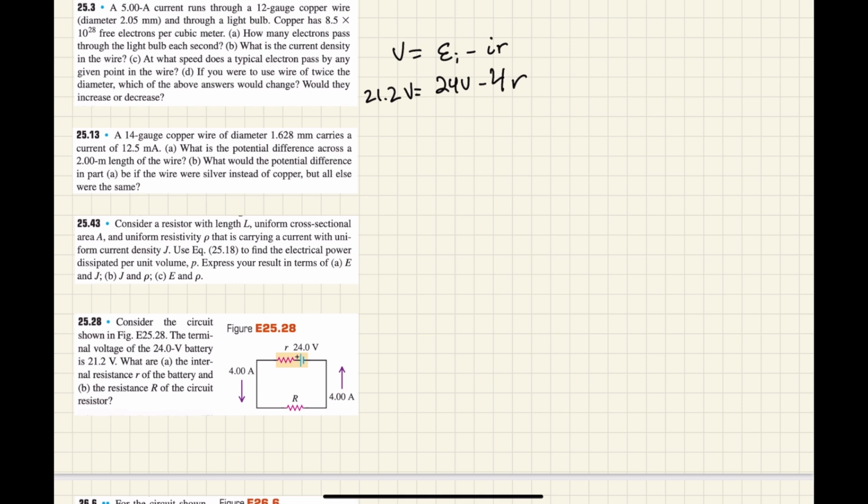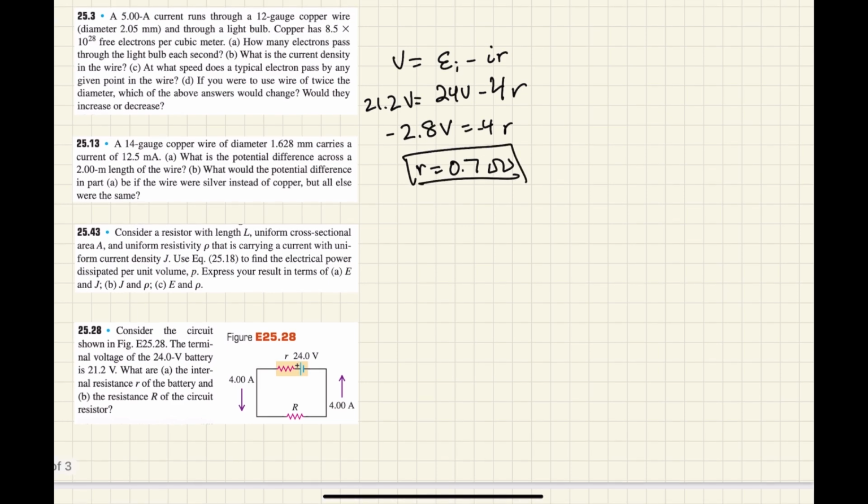And so subtracting 24 volts from both sides, we get negative 2.8 volts is equal to negative 4R. Dividing by negative 4 on both sides, we're going to get R is equal to 0.7 ohms. So that's our answer for the internal resistance.